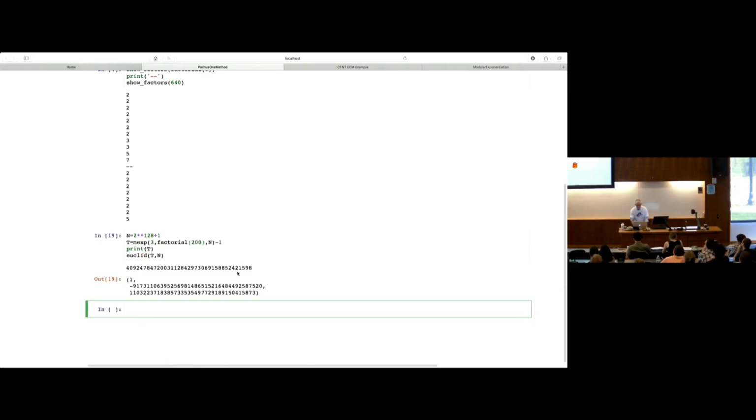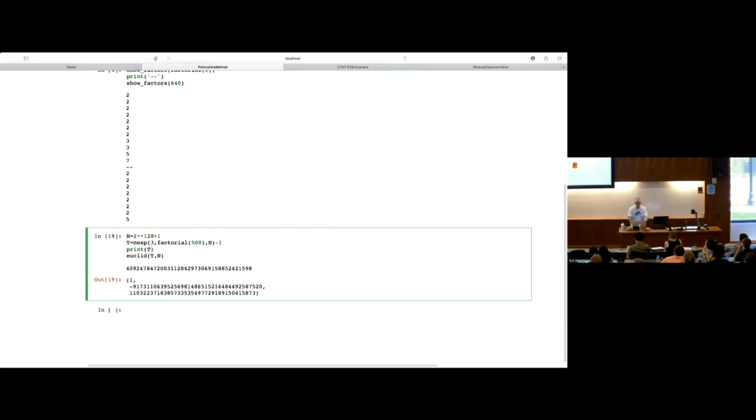This is 3 to the 200 factorial modulo 2 to the 128th plus 1. Subtract 1 from that. And now you take the GCD with your Fermat number, and this is the extended GCD. So the first number is the greatest common divisor, and it's 1, so you were out of luck. Okay, so you think, well, that's silly.